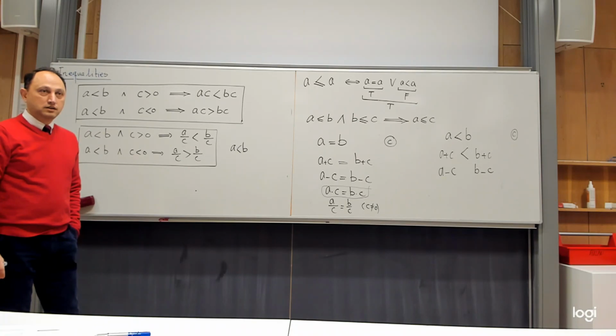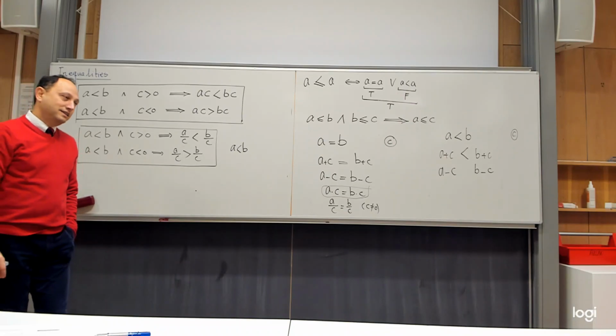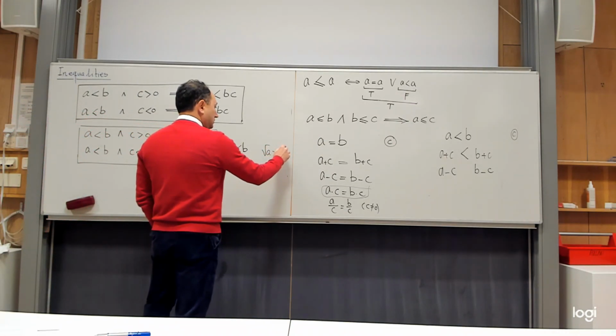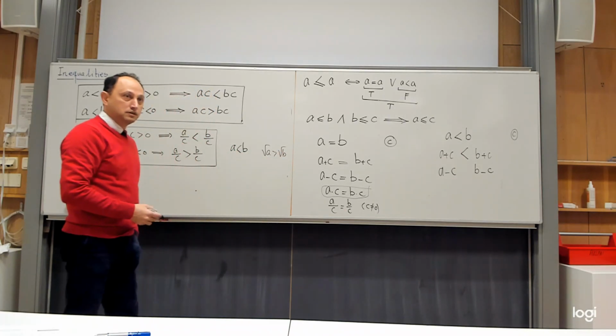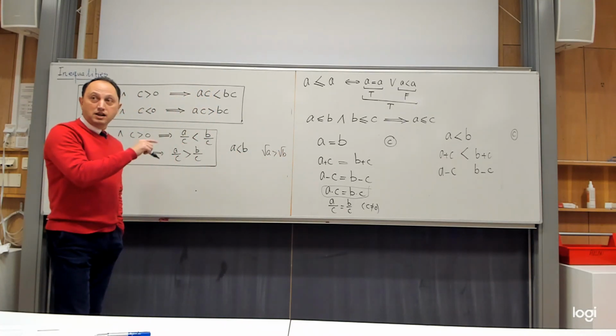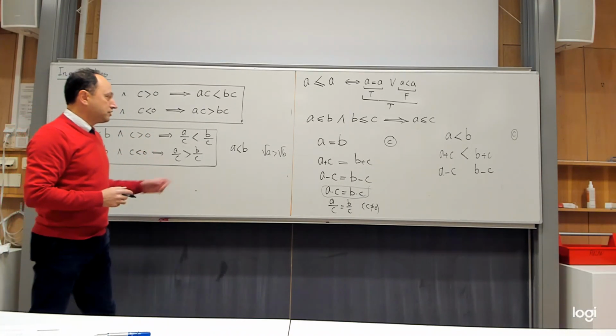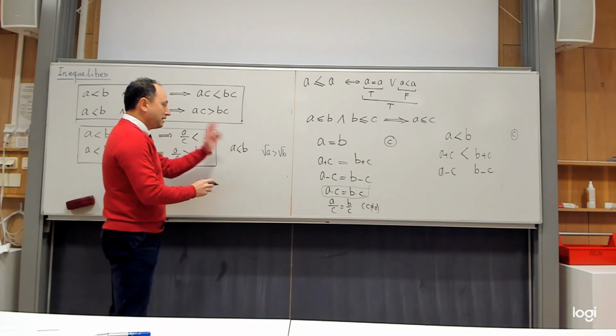Square root or root. No, you are right. So you are saying that square root of A is greater than square root of B. This one? No, it's not. Well, it's good that you brought this up. So let us consider that A and B are positive.